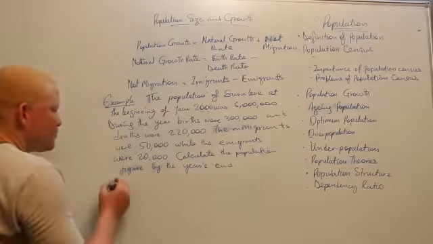When you subtract, we have 80,000 here. For immigrants, we've got 50,000, while emigrants we have 20,000.